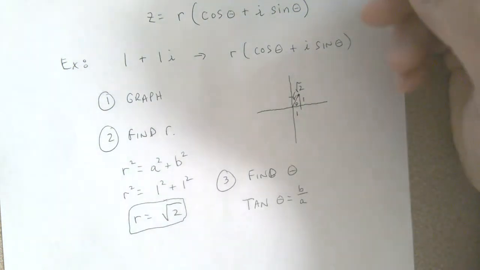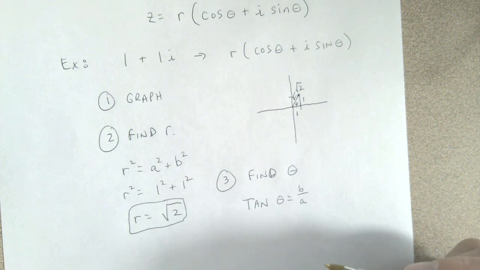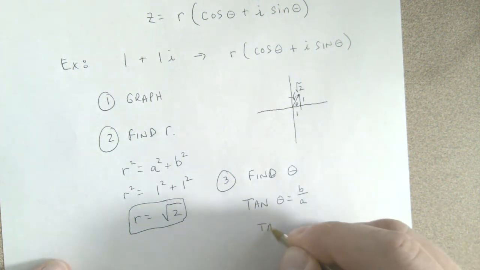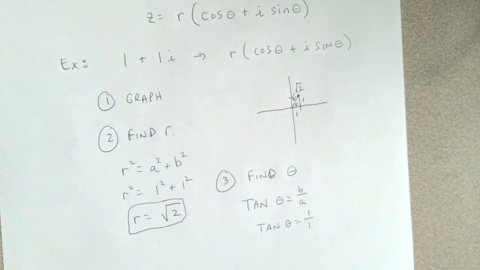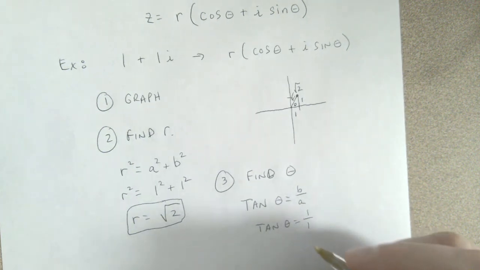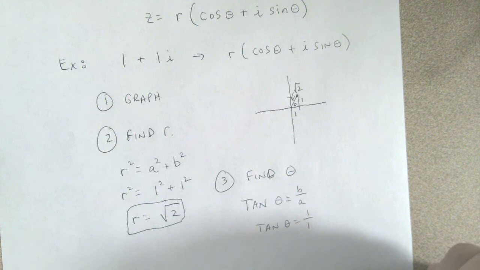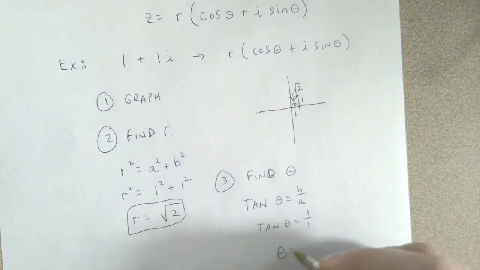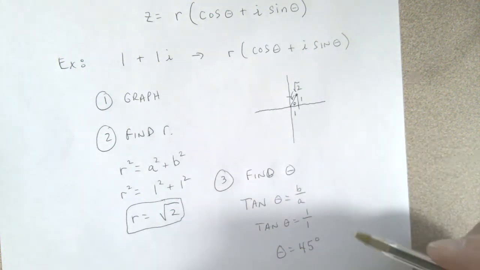Here b is your value in front of the i, and a is your x coordinate. So in this case tangent theta is equal to 1 over 1. When we solve that, you can utilize your calculator, and theta here is simply 45 degrees. You can do your inverse tangent, or you can think about your unit circle if you want to.